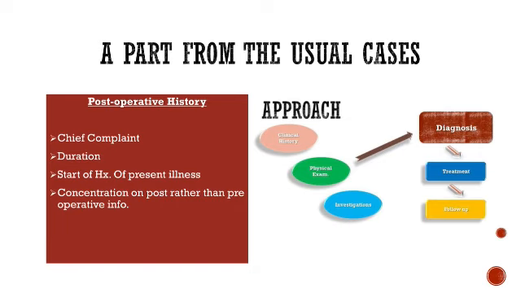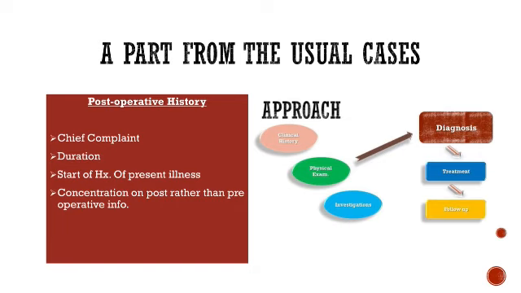For example, if the patient had an appendectomy for appendicitis, the surgery is already done, and the chief complaint is going to be post-operative patient after removal of appendix, or you can say after appendectomy, and the duration is the time after surgery.